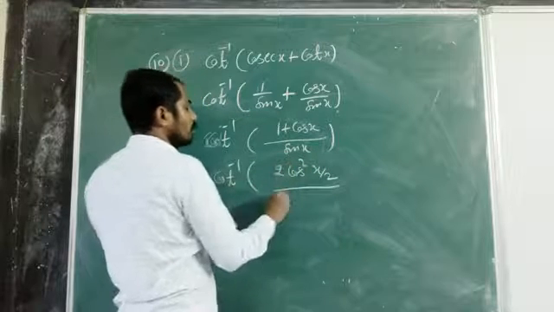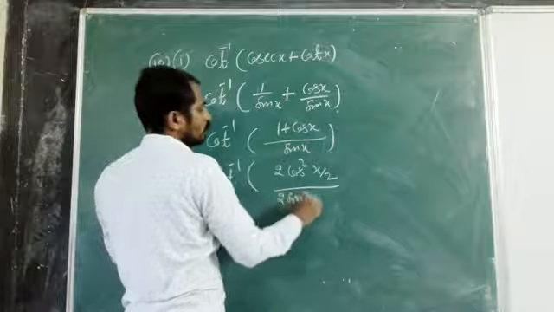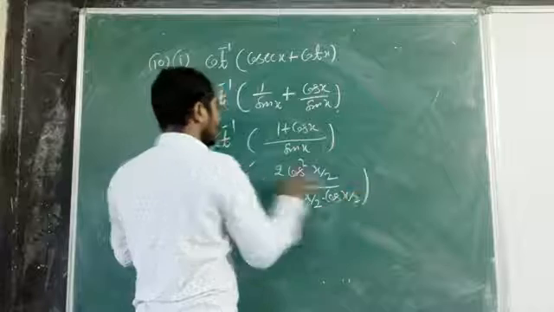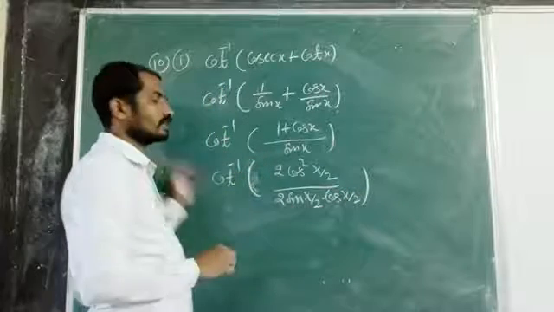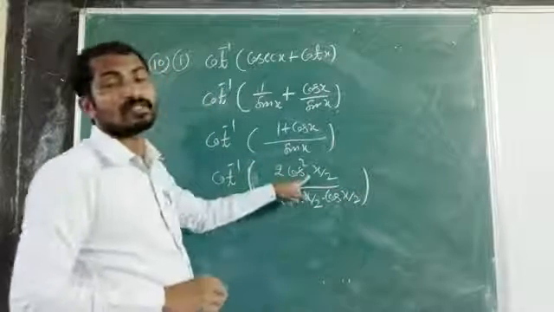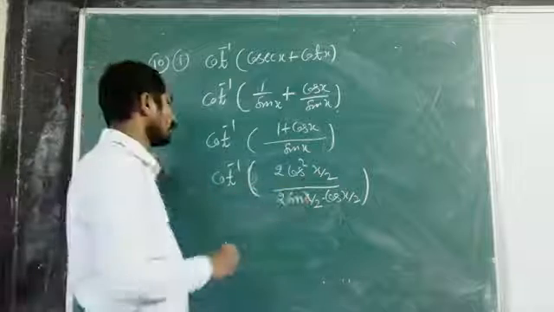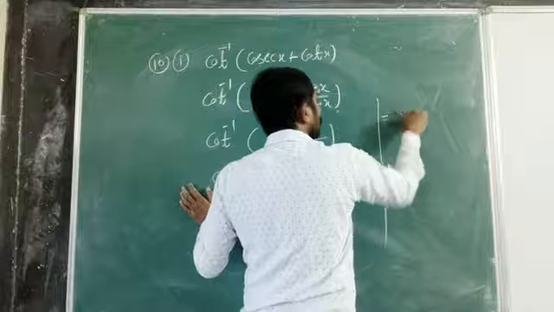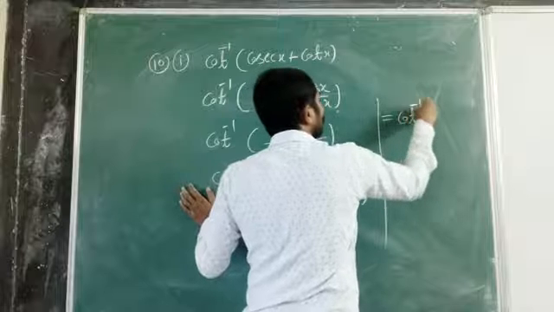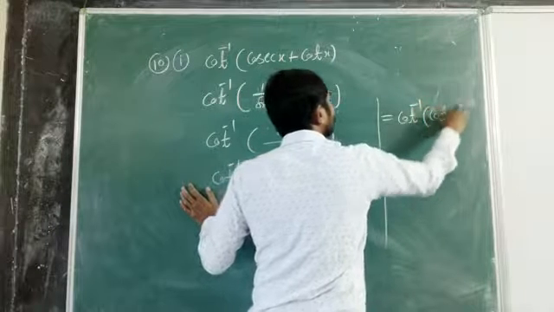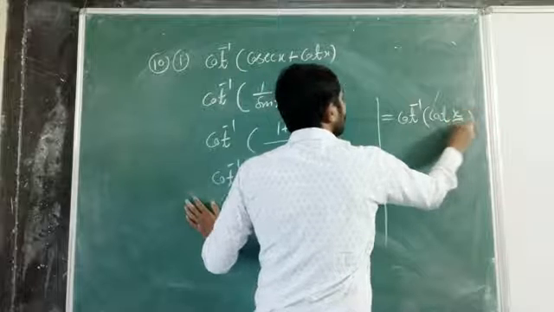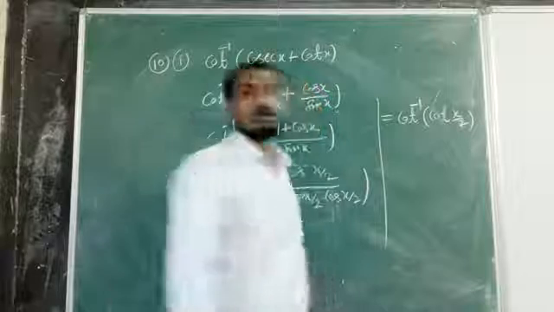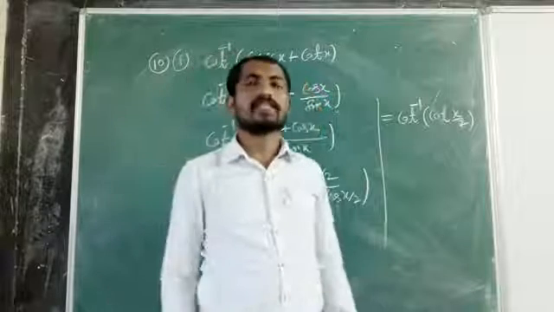In the denominator, half angle form 2 sin x by 2 cos x by 2. Then the 2 gets cancelled, and cos x by 2 gets cancelled. Then cos x by 2 upon sin x by 2 is cot x by 2. That is cot inverse of cot x by 2.